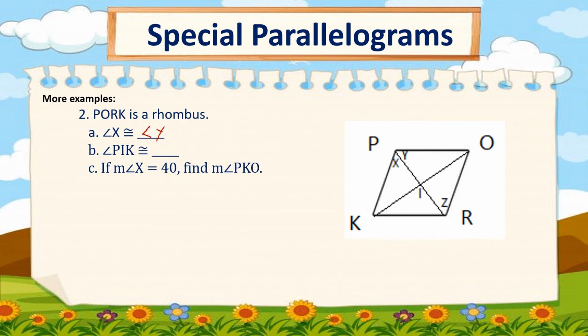We have learned that a parallelogram is a rhombus if and only if the diagonals are perpendicular. So if PR is perpendicular to OK, it means that at their intersection, 90-degree angles are formed.